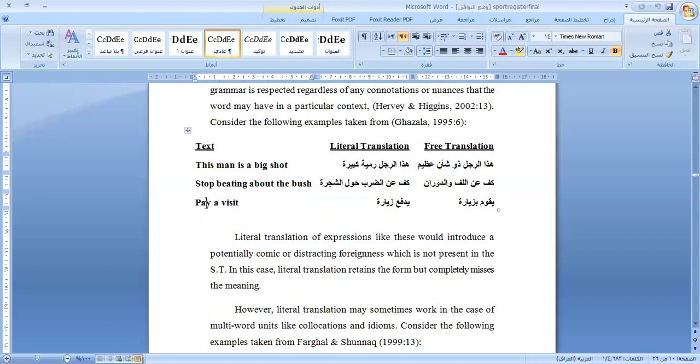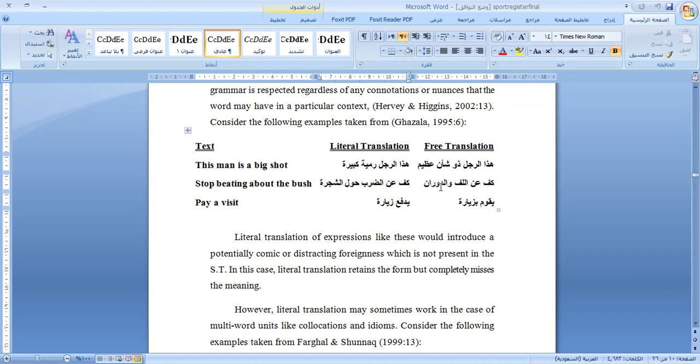The second example, stop beating about the bush. Literal translation, كف عن الضرب حول الشجرة. Actually, this literal rendition has no sense in Arabic, but this expression means اللف والدوران in Arabic, so we can render the intended meaning of this expression, which is اللف والدوران.